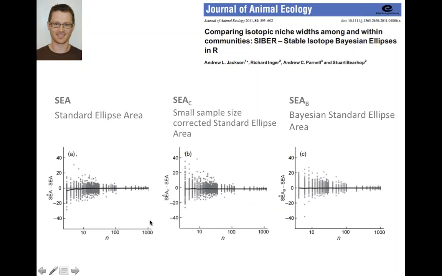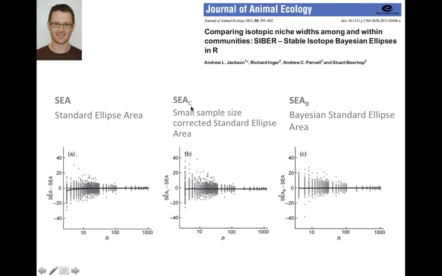If we look at a couple of things they did in this paper, they produced this standard ellipse area, which is, as I said, just a standard deviation in a bivariate distribution. SEA is standard ellipse area, it's these ellipses.